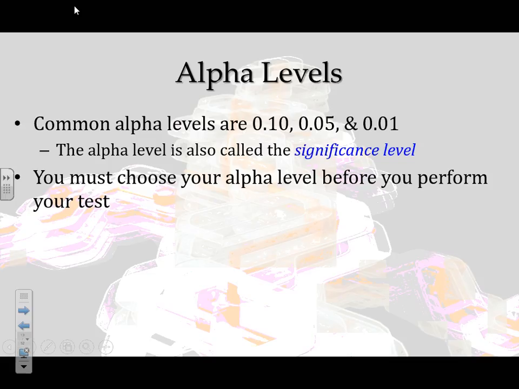Actually, the alpha level is dependent on how sure you want to be that the null is wrong. So how much evidence do you have to have before you're willing to let go of that original claim? Okay? Think of the bolts that hold planes together. When they do that, they have to test the shear strength.